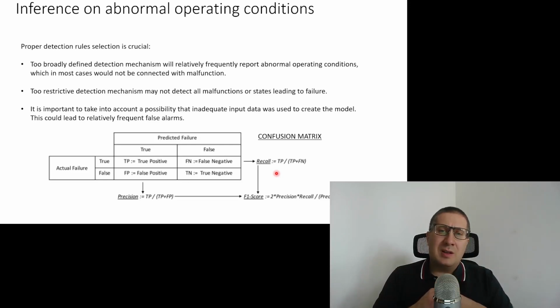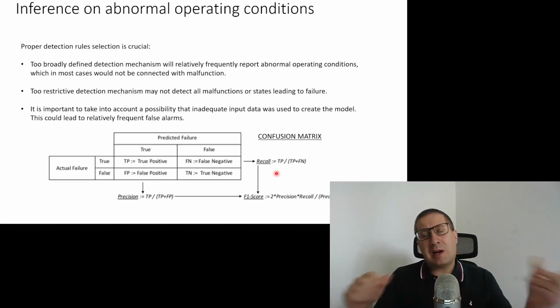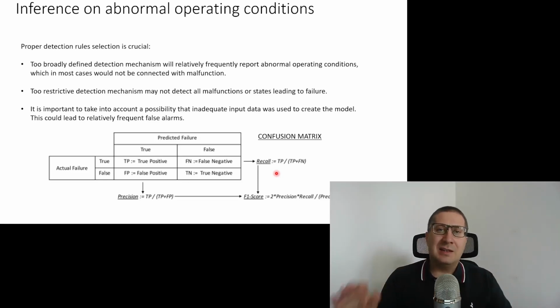If we define those rules too restrictively, there is a risk that we will not detect all the failures, all the malfunctions, or states that lead to the failure. Right? So there will be a real failure, and our algorithm will say the risk is not so high.